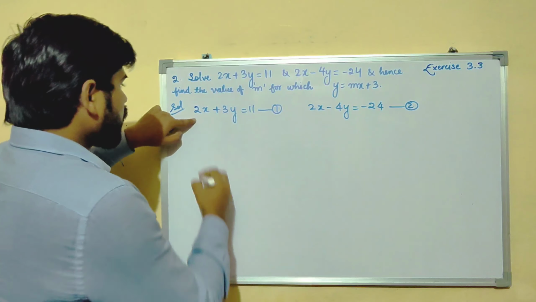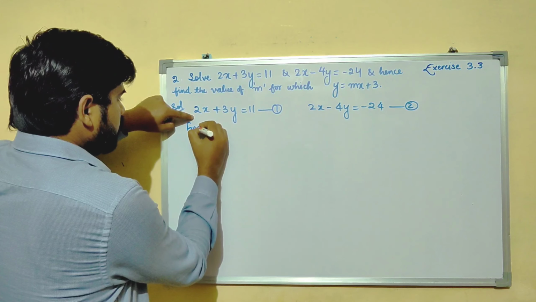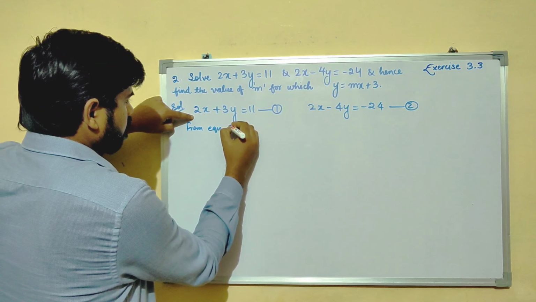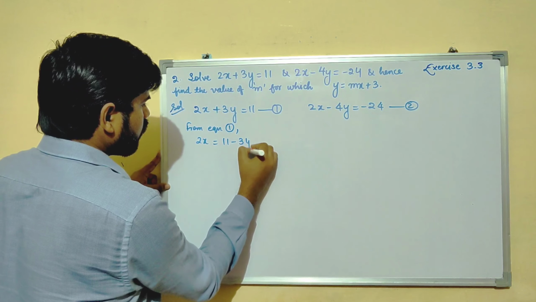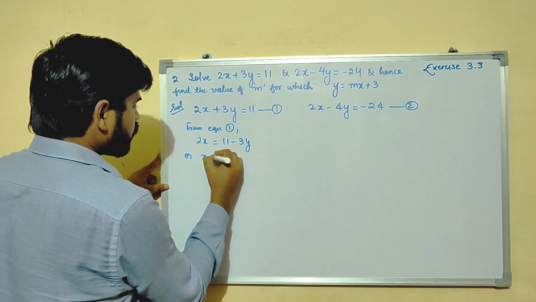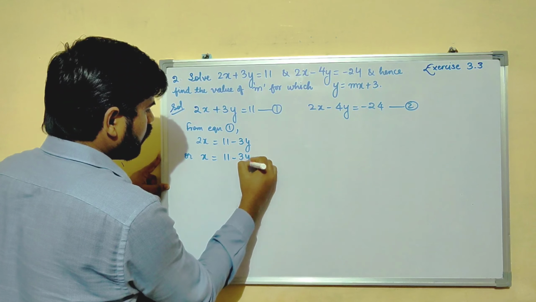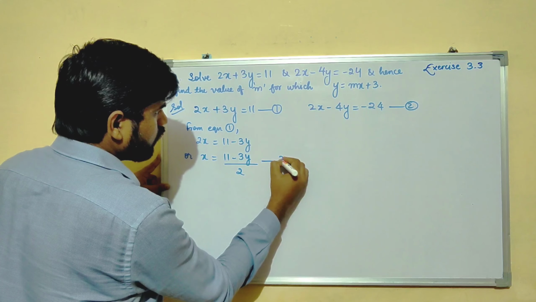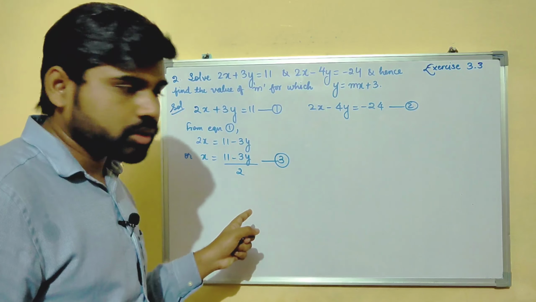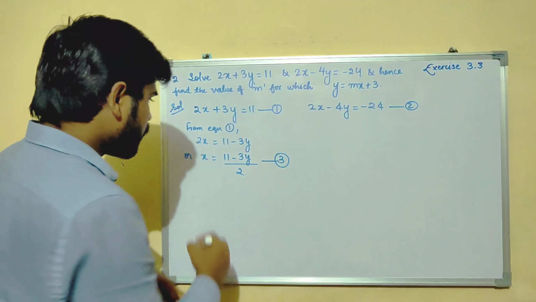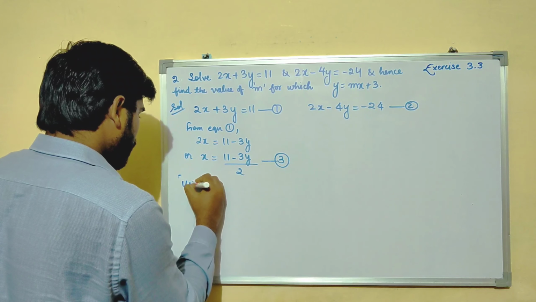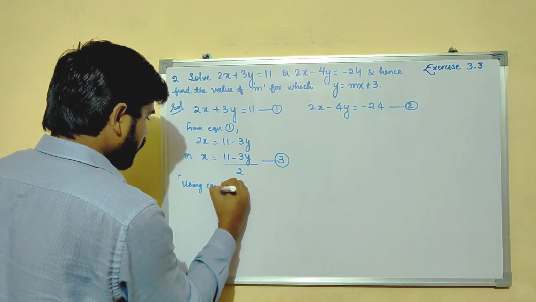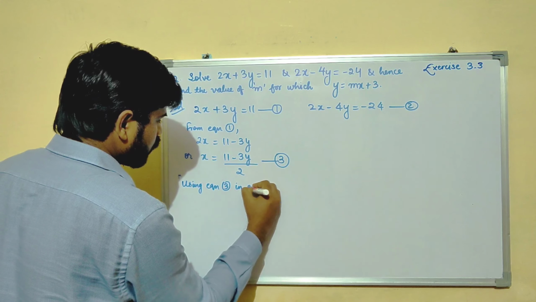Solve it. From the first equation, 2x is equals to 11 minus 3y, or x is equals to 11 minus 3y upon 2. This is your third equation. Now substitute this value in the second equation using equation 3 in equation 2.